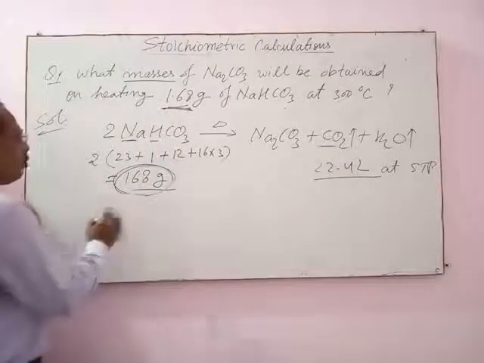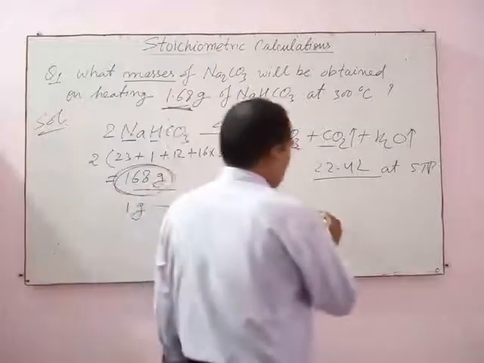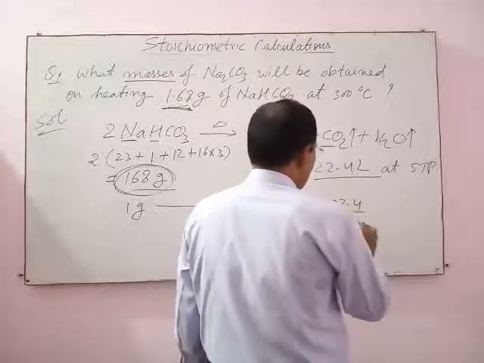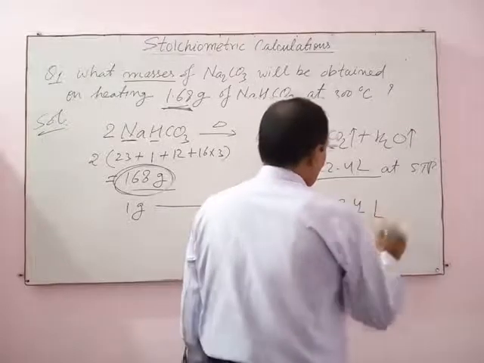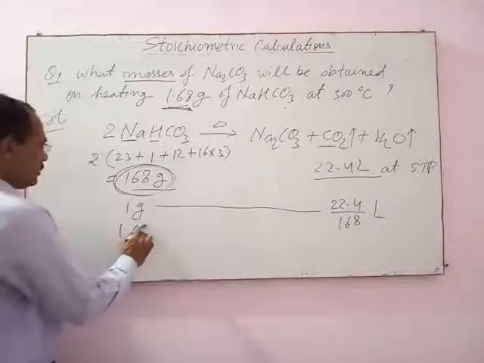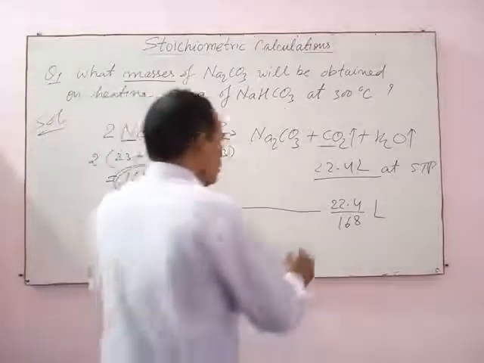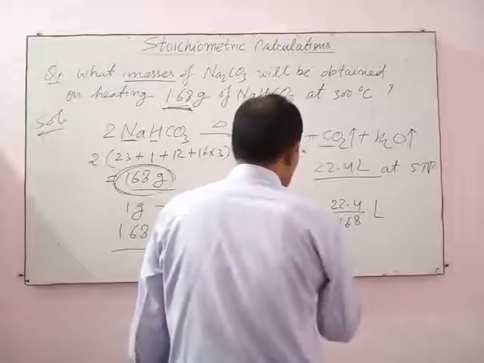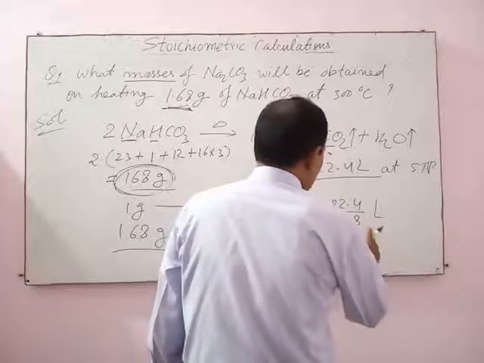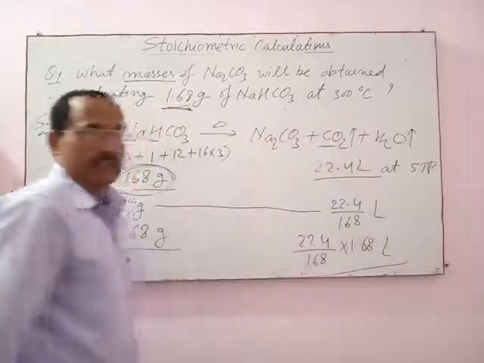Then 1 gram of sodium bicarbonate gives 22.4 by 168 liters. Then 1.68 grams of sodium bicarbonate gives 22.4 by 168 multiplied by 1.68 liters of carbon dioxide.